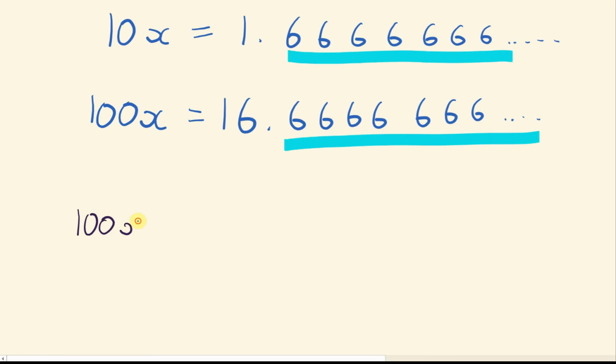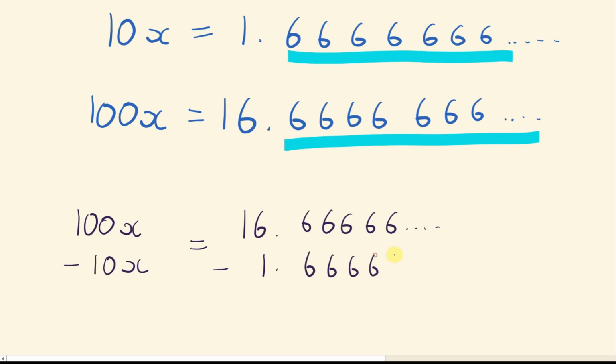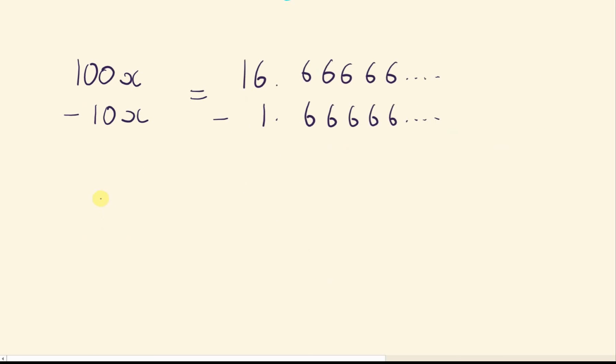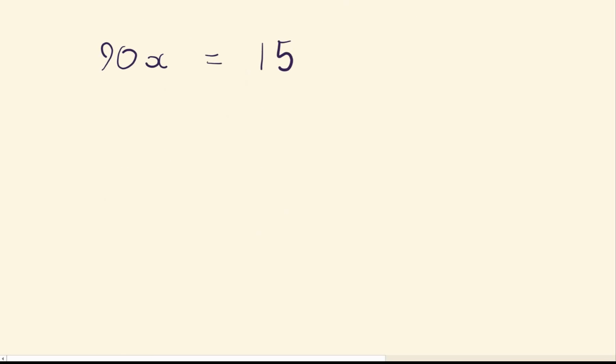So if I do 100x minus 10x, that's going to be the same as 16.6 recurring minus 1.6 recurring. Again, the 0.6s are going to cancel out. So I'm now left with 90x from 100x minus 10x equals 15. And then we're done. Then we just solve this. x is 15 over 90.